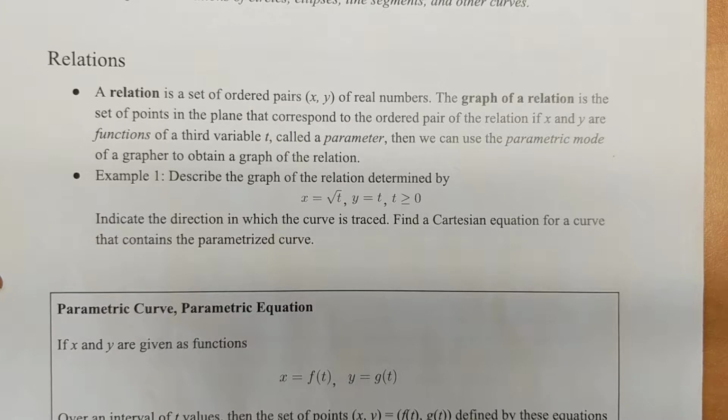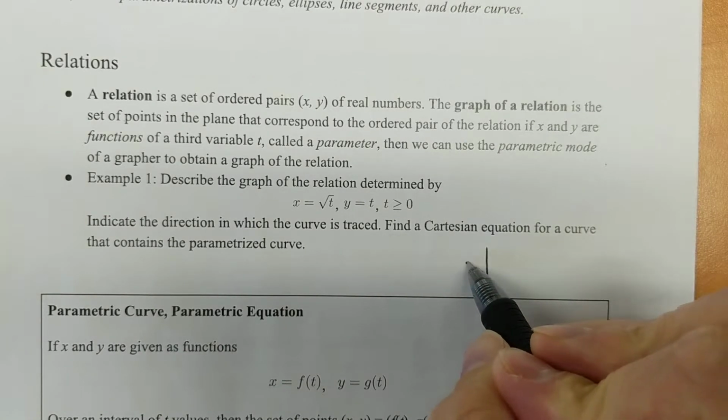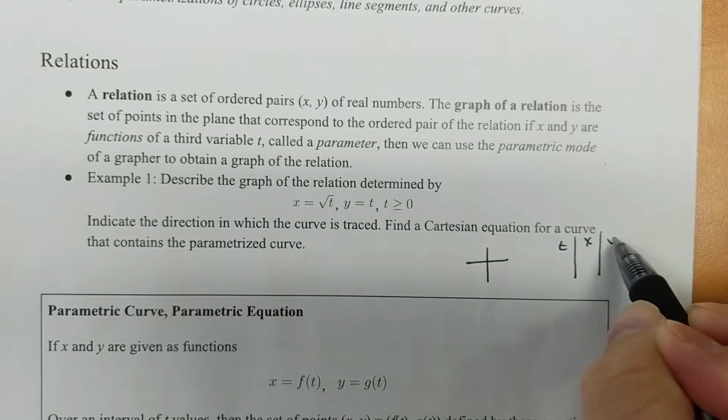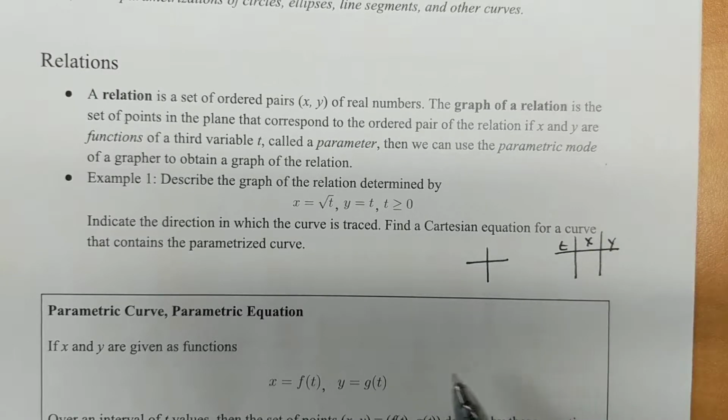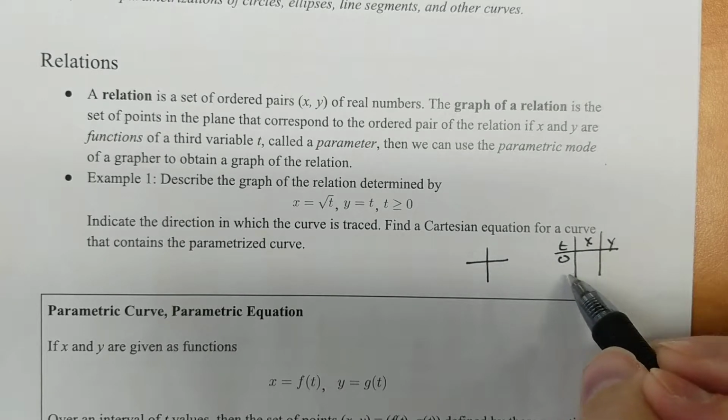So example 1 says, describe the graph of the relation determined by x equals root t, y equals t, and t is more than or equal to 0. So we're just going to do this with a really brief graph. When you do this, you actually need 3 columns: t, x, and y. Now, since I'm going to be taking the square root, I want to pick values of t that are perfect squares.